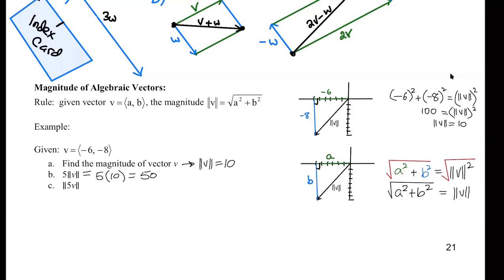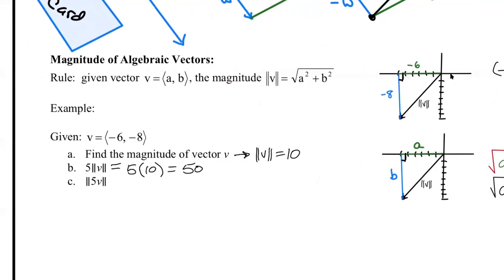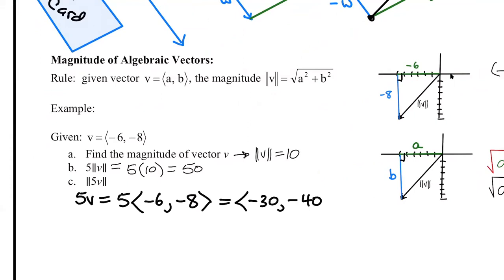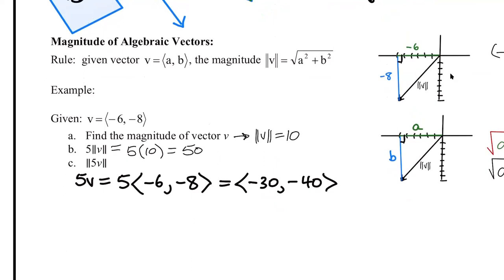So 5V is equal to 5 times -6, -8, which in turn is -30, -40. All right. So if I want the magnitude of 5V, I'm applying the Pythagorean theorem on that.